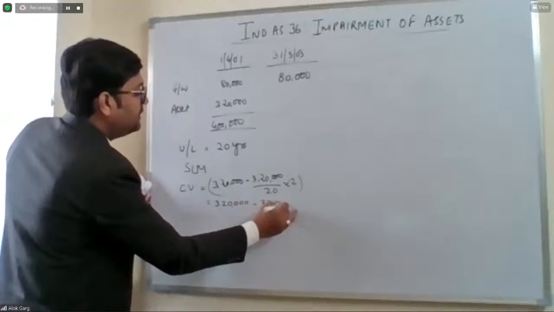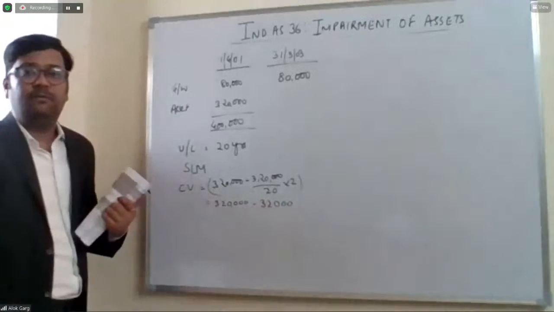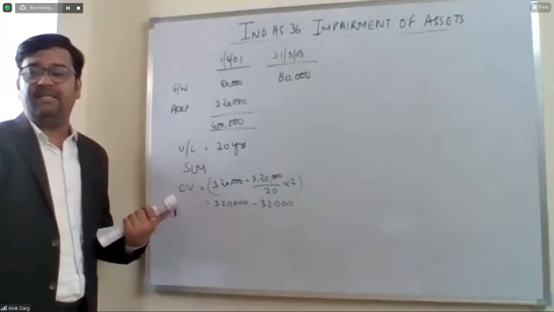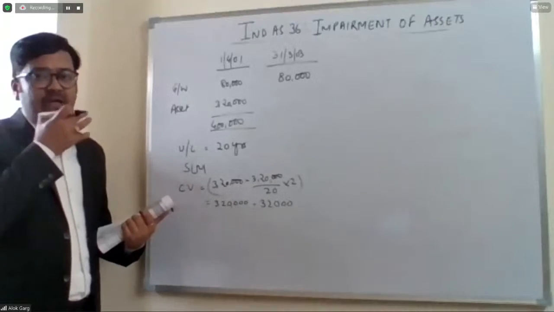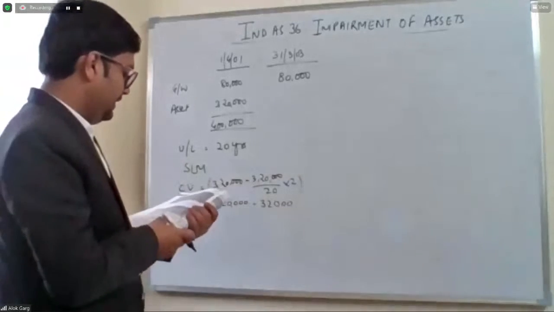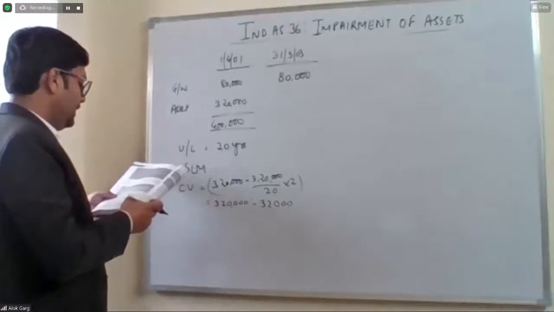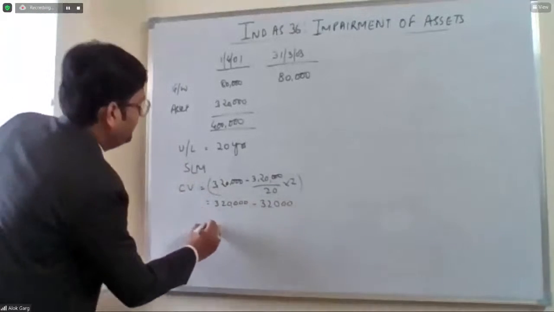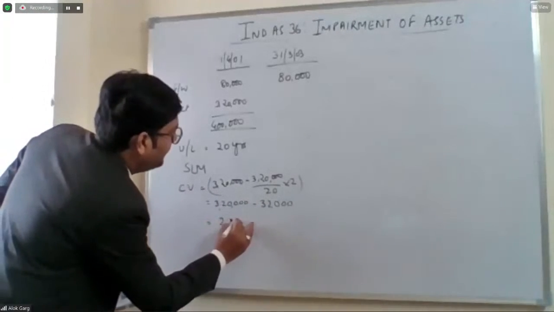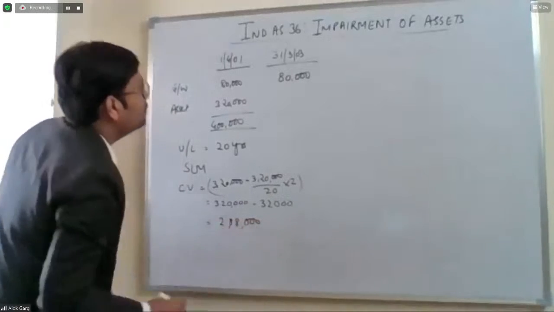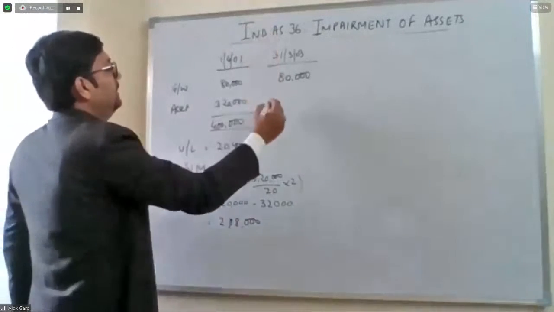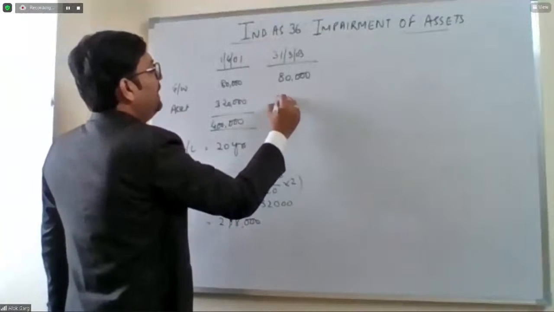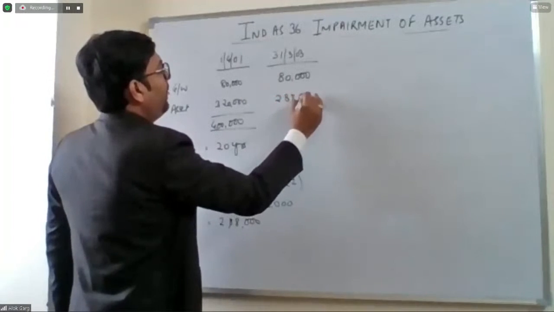Am I right? So 320 minus 32 is equal to 2,88,000. So on 31st March 2003, the carrying value is 2,88,000.